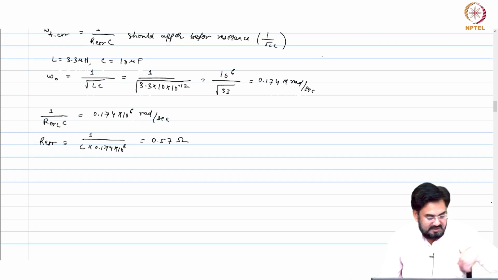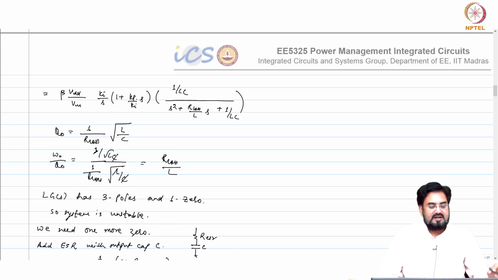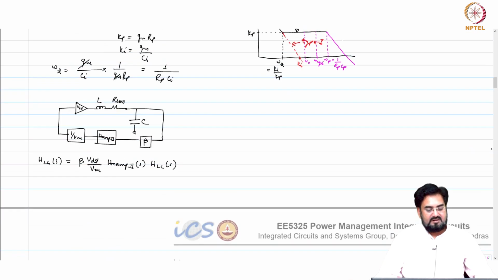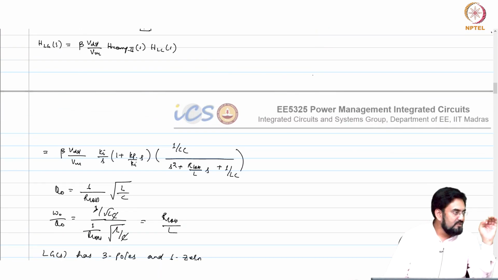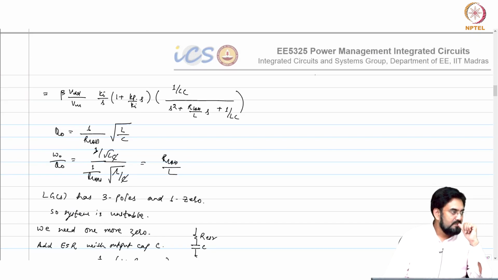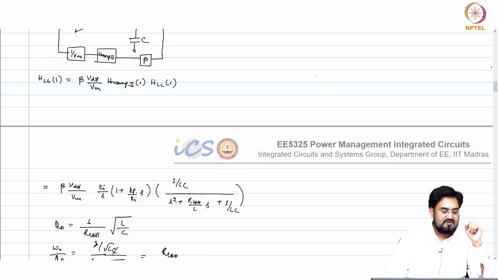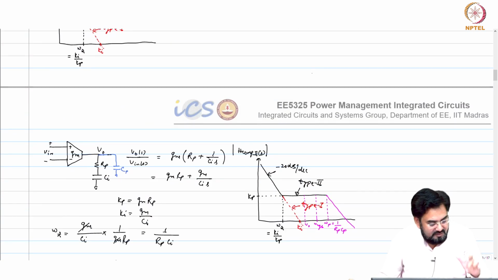So now in the loop gain, if I want to find the value of these components RP, CP, CI, everything, how do I do that? So first thing you need to know where I want to place the 0. Okay. So once we place the 0, you can find the value of RP and CI.